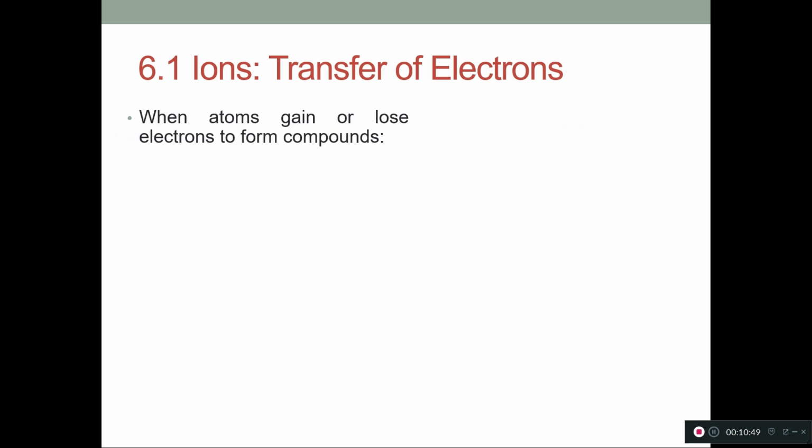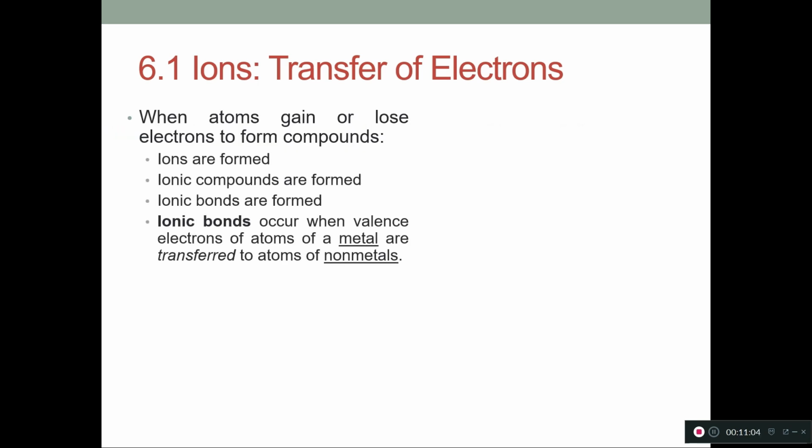So these are the charges that these elements will end up with when they become ionized, whether they are losing or gaining electrons. So when atoms gain or lose electrons to form compounds, remember, ions are formed, and that means that we can form what are called ionic compounds, which we'll talk more about in the next few videos. Ionic bonds occur when the valence electrons of atoms of a metal are transferred to the atoms of nonmetals, so that our metal becomes positively charged and our nonmetal becomes negatively charged.